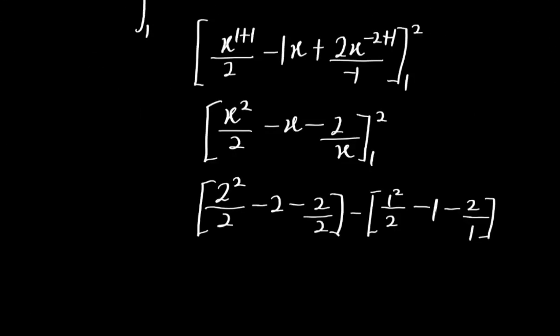With the help of a calculator, the first bracket equals negative 1, with our main negative sign indicated, and the second bracket gives negative 5 over 2. Remember, negative negative makes it positive. So that gives negative 1 plus 5 over 2, which gives 3 over 2, or 1 and 1 over 2, and then you are done.